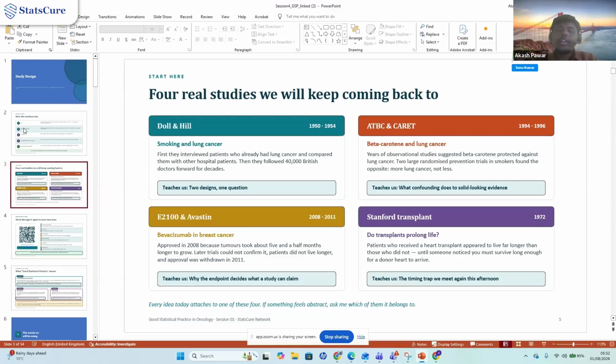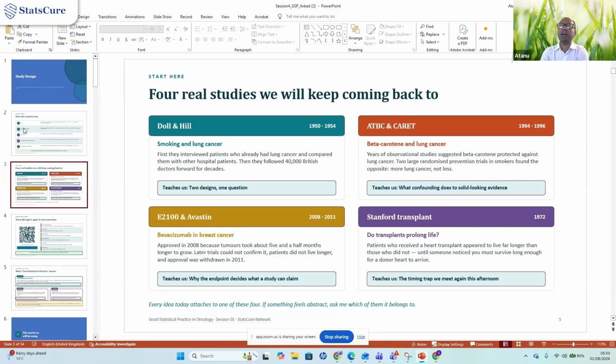Then another one, the ATBC and CARET studies, conducted between 1994 and 96, about beta carotene and lung cancer. Years of observational studies suggested beta carotene protects against lung cancer, but large randomized preventive trials conducted in smokers found opposite results. That speaks to the relevance of confounding.